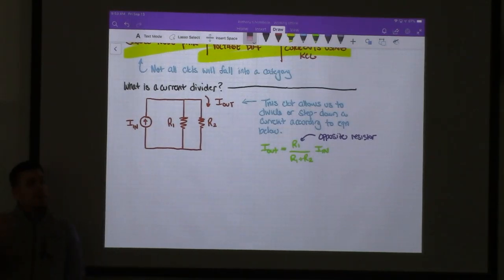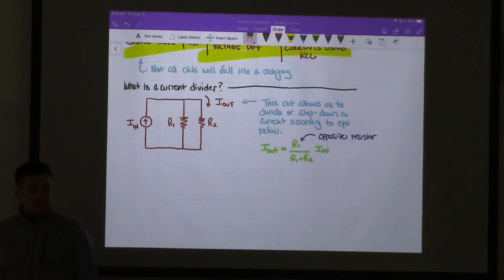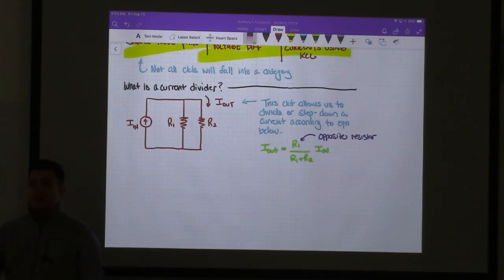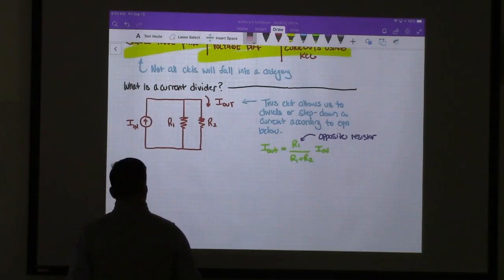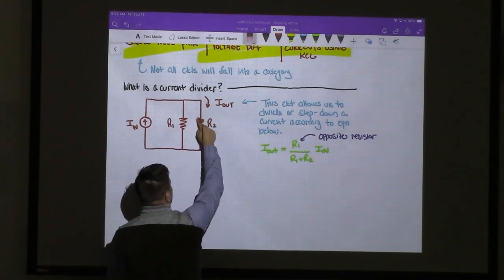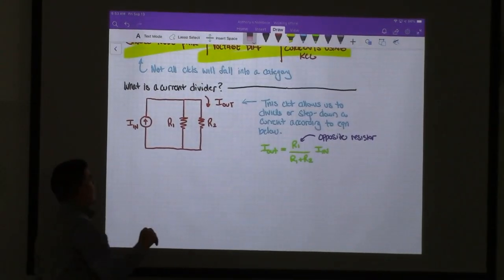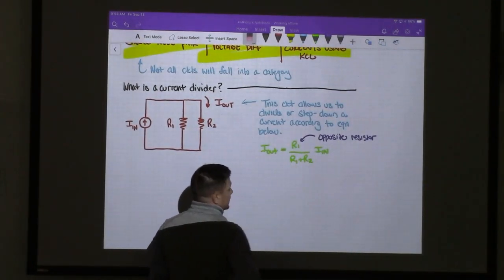The voltage divider takes in a voltage and allows us to generate a lower, stepped down voltage, and the ratio between the input and the output is defined by the ratio of those resistors.